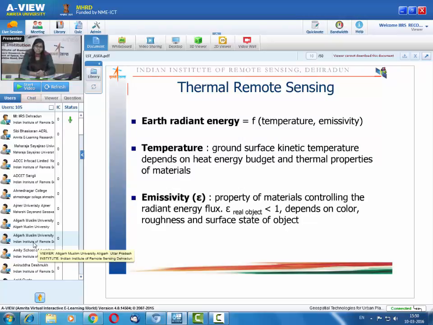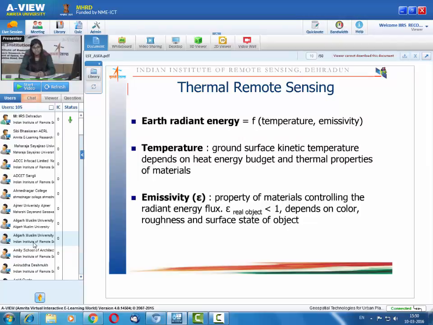So the Earth radiant temperature is dependent upon two major factors, temperature and emissivity. Temperature is ground surface kinetic temperature, which depends upon the heat energy budget and the thermal property of the material.